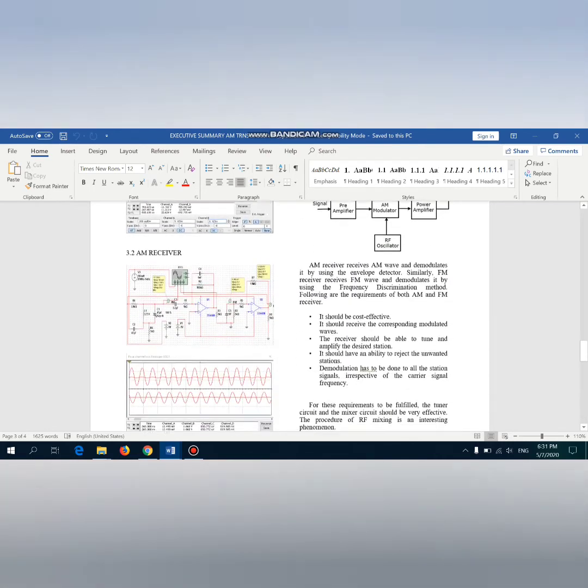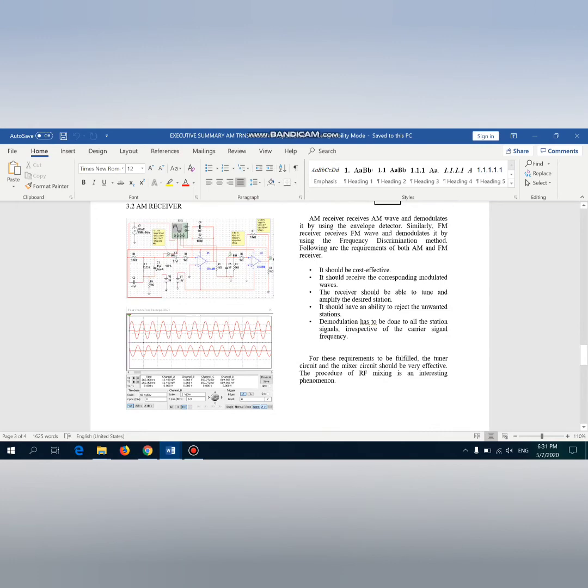Next is the AM receiver. First is the circuit for the receiver, and the waveform below is the input and output of the receiver. The upper is the input of the receiver, the lower is the output of the receiver. Thank you.